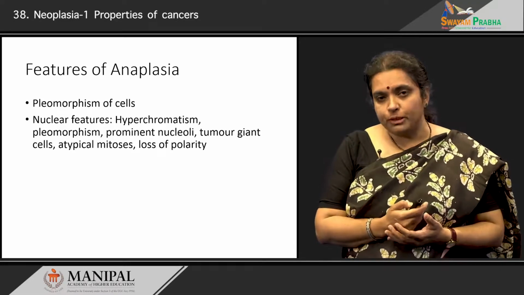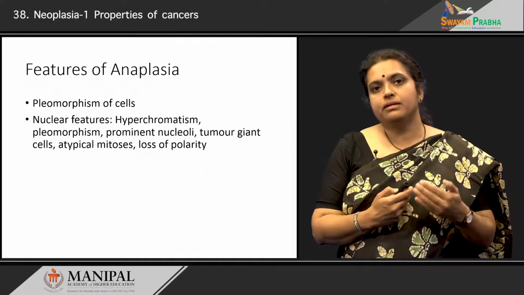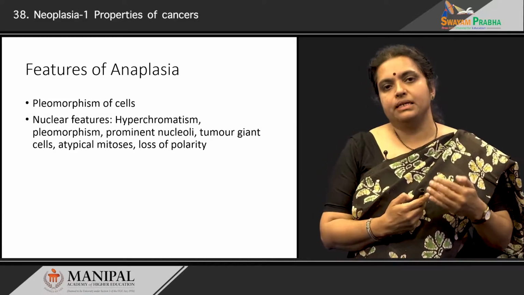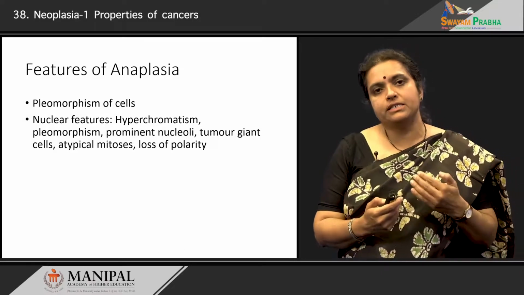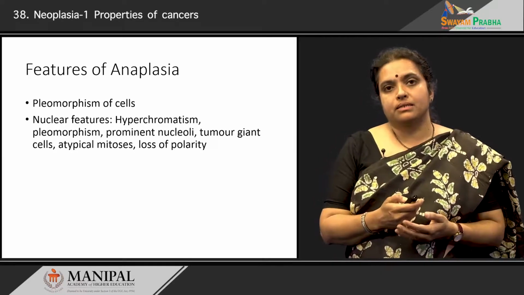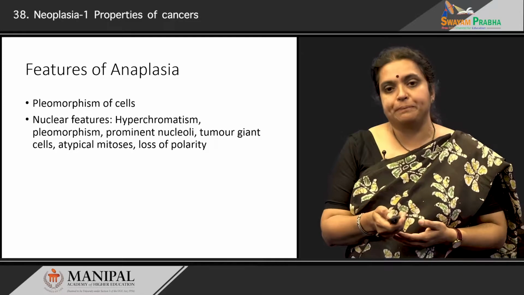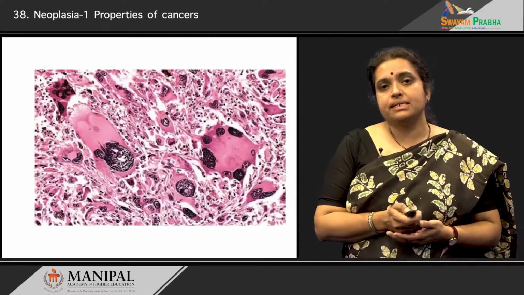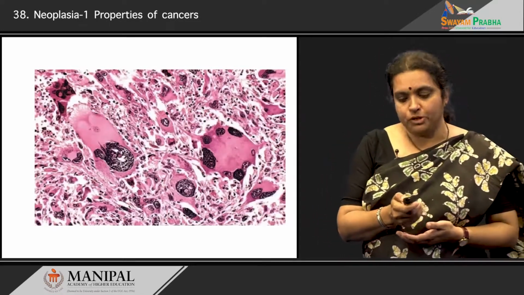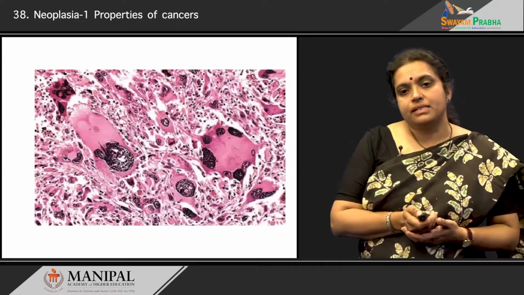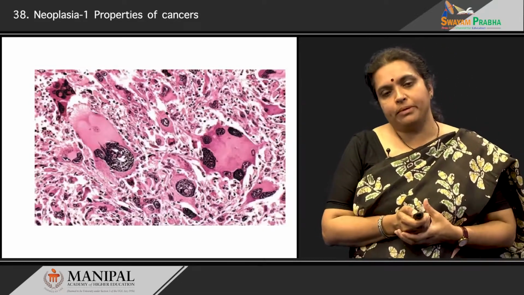There is loss of polarity, which means the normal relationship of one cell with another is lost. So, these are all the features that are hallmarks of anaplasia.